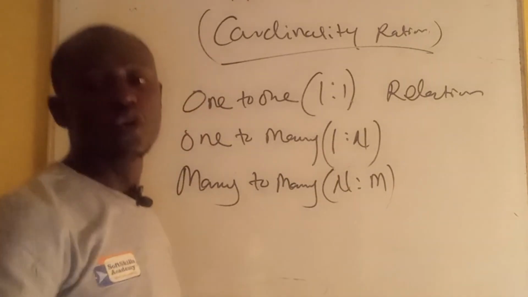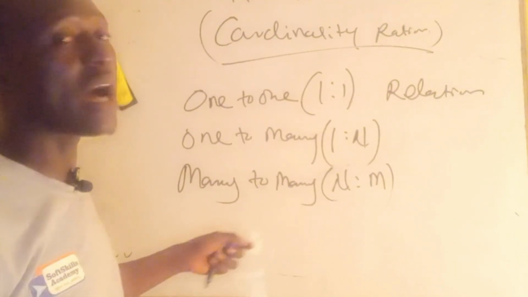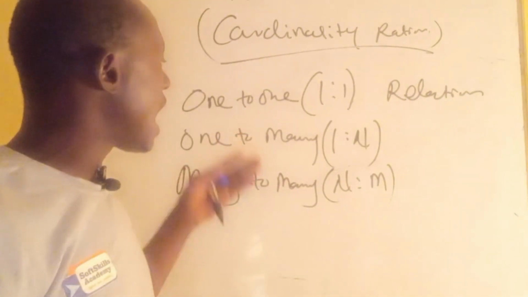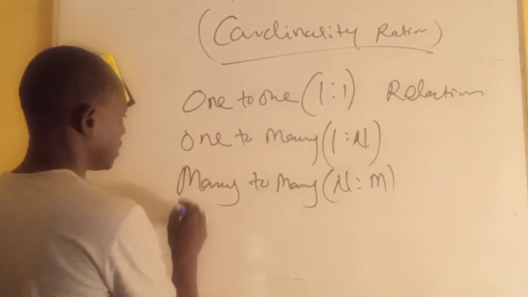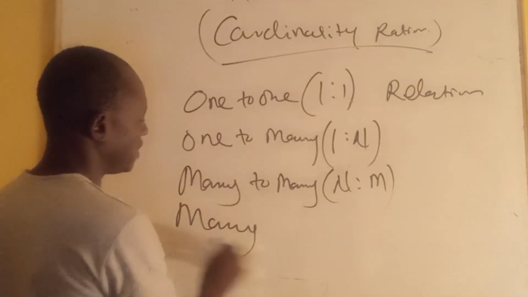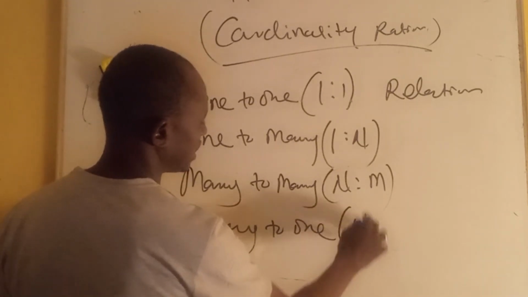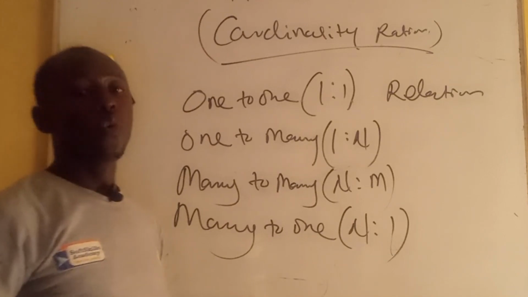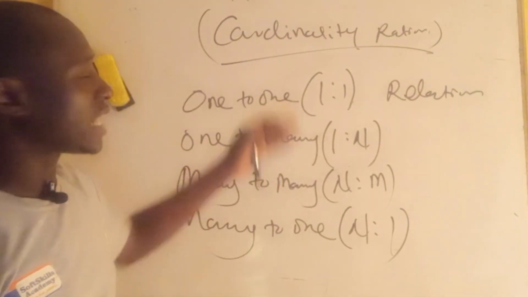Are we together? So we have one to one, one to many, and many to many. We also have many to one, please. Many to one is denoted like this. So we are going to look at each of these cardinality ratios.